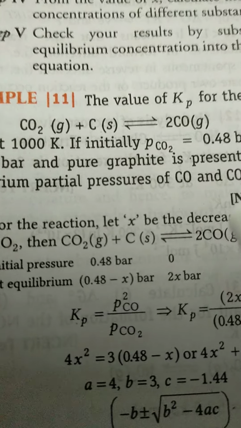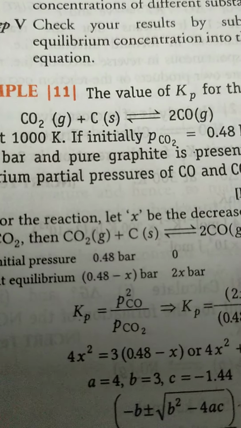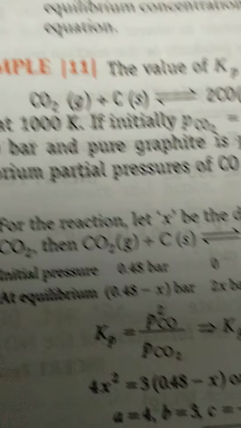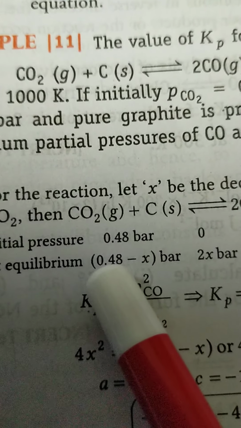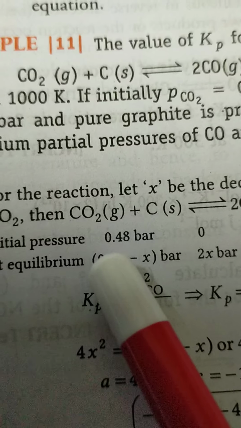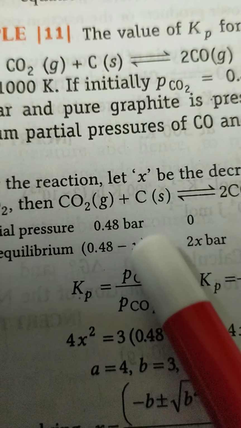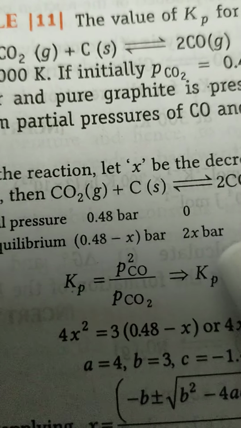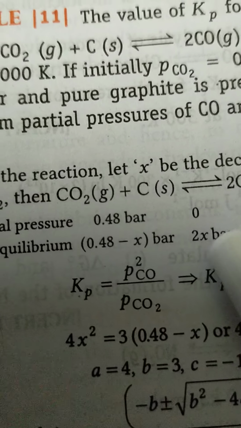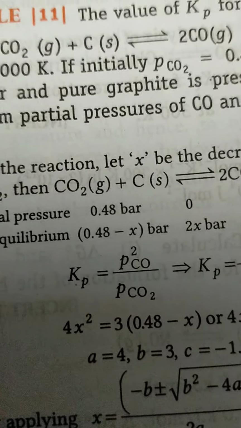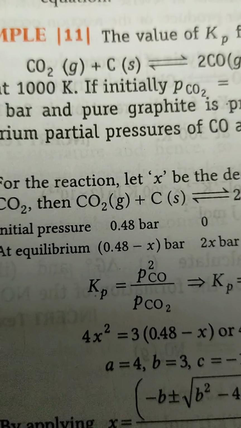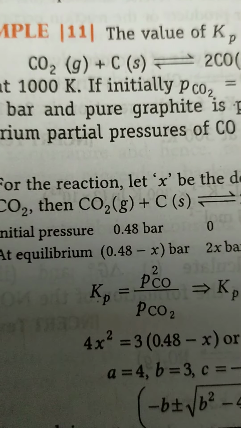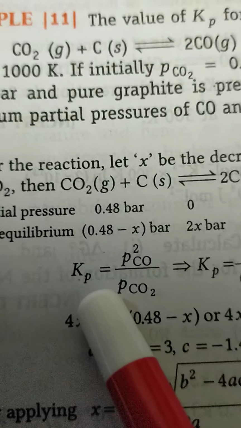For CO2 it is 0.48 and for CO it is 0. At equilibrium, consider X as the change. So it is 0.48 minus X bar for CO2 and 2X bar for CO. What is Kp?